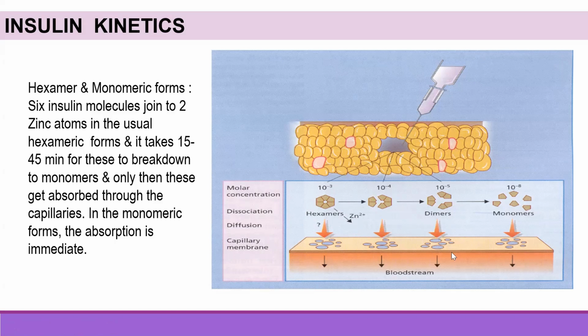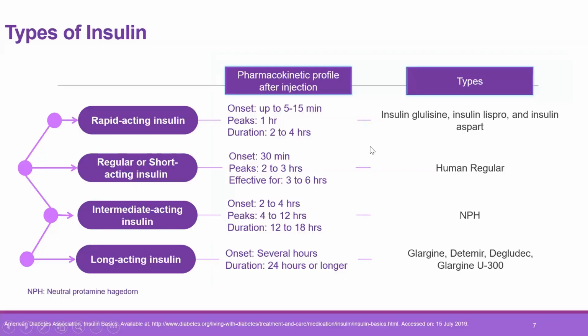So the whole process takes some time, as I've told you, roughly 20 to 40 minutes, or 15 to 45 minutes, whatever you say. And we advise the patient to take the regular insulin, say 20 to 30 minutes before taking the meal, because insulin takes time to exert its action.